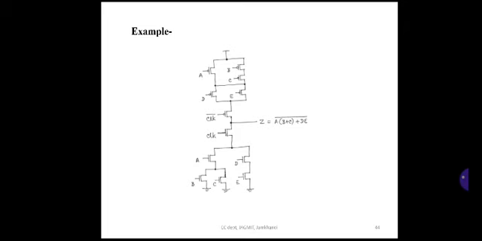The same expression, Z equal to A plus BC plus DE whole bar, is implemented using C square MOS. An N logic block is drawn at the bottom, a P logic block is drawn at the upper side.